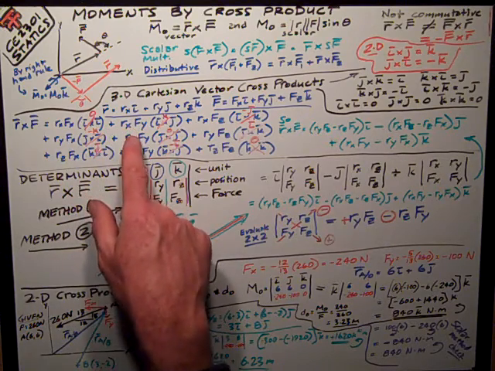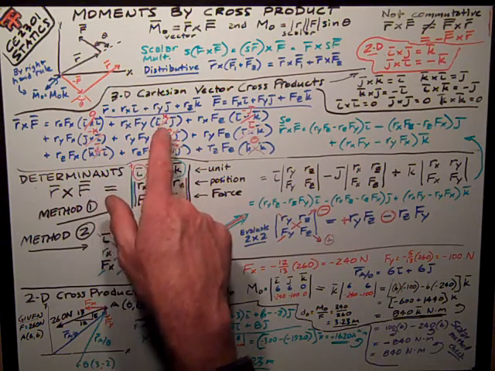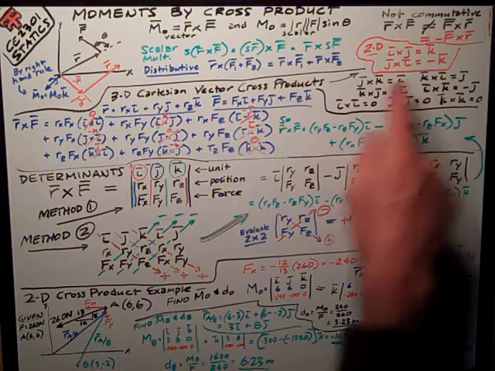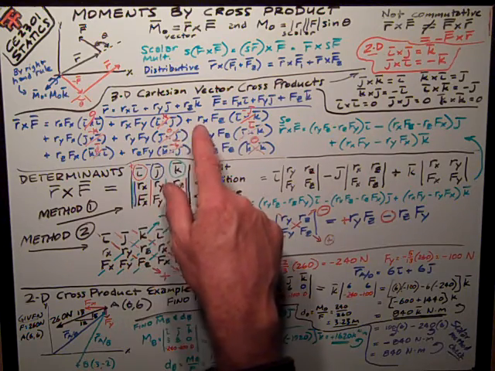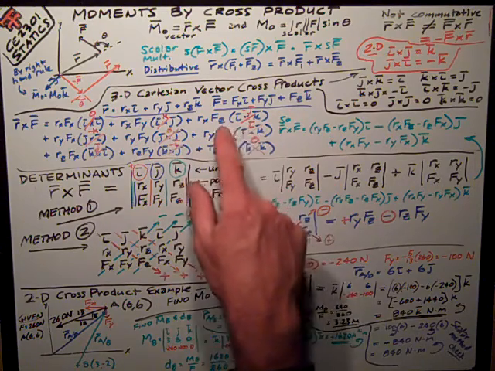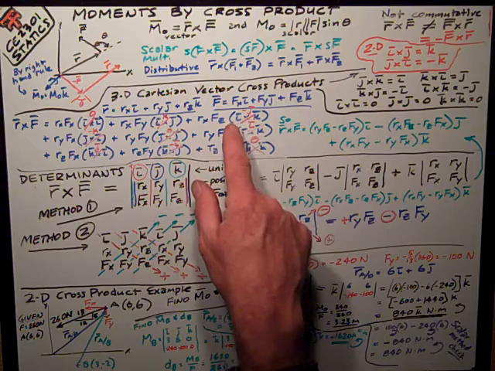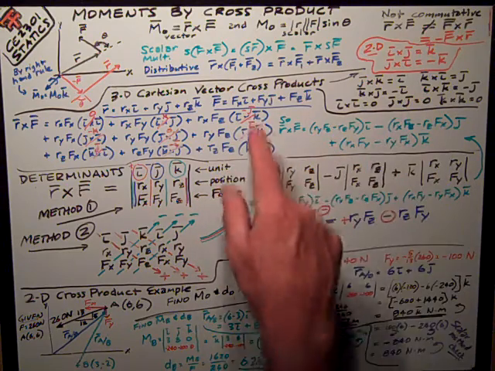Rx times fy, scalar numbers, times i cross j, which from over here is k, unit vector, plus Rx times fz, scalar numbers, times i cross k, which from up here is equal to negative j.